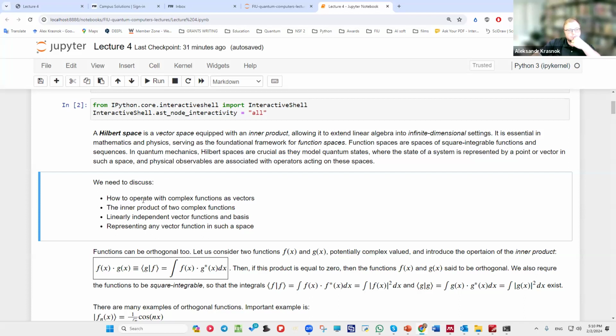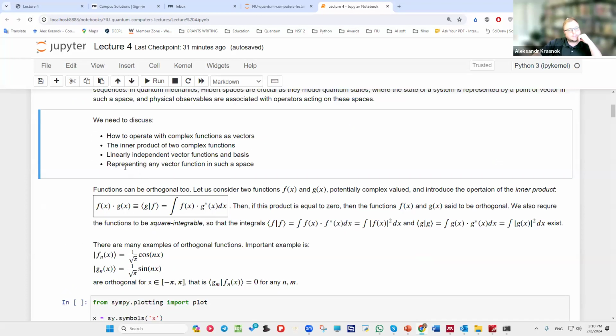We need to introduce the inner product of two complex functions. We need to discuss how to introduce a basis in this space to describe basically any function in the space. And finally, we need to discuss a way to represent any function in this function space.